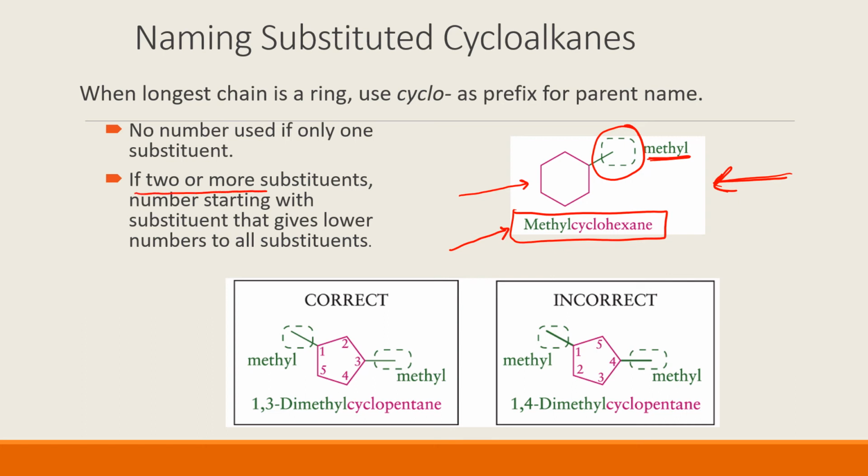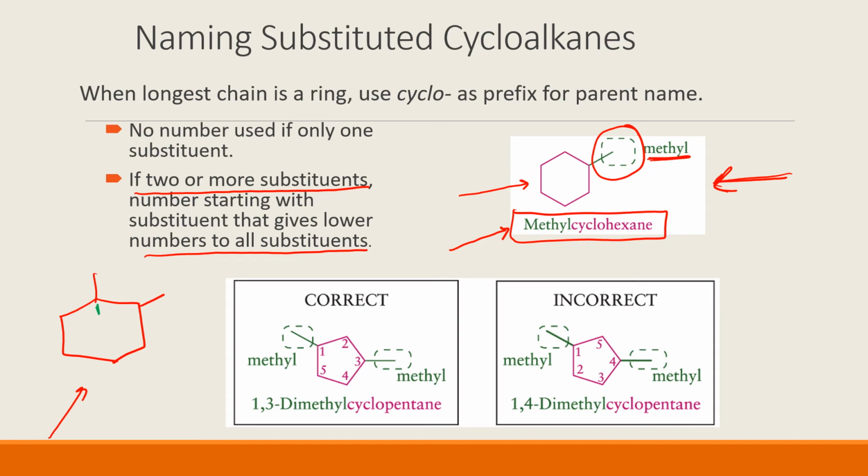However, if 2 or more substituents are present on a ring, then the numbering starting with the substituent that gives the lower numbers to all substituents is used. For example, in this case, we have a 6-membered carbon ring, and we have 2 substituents. If we start from this as number 1, we can go either clockwise or anti-clockwise.